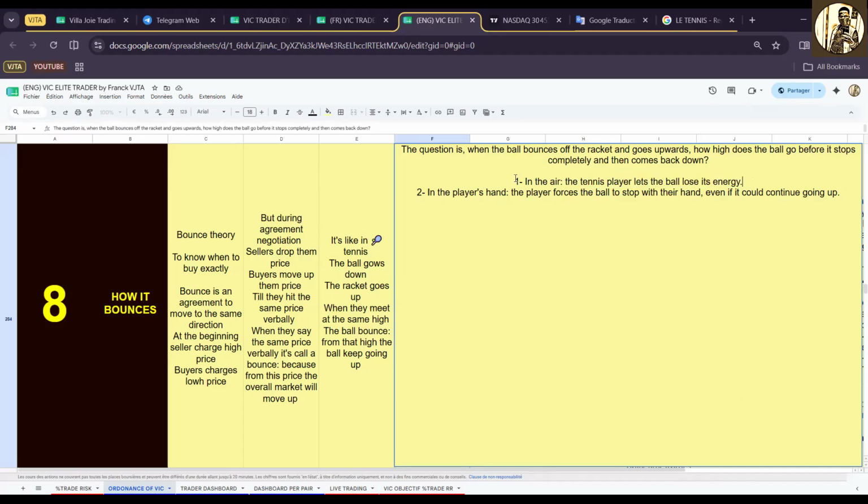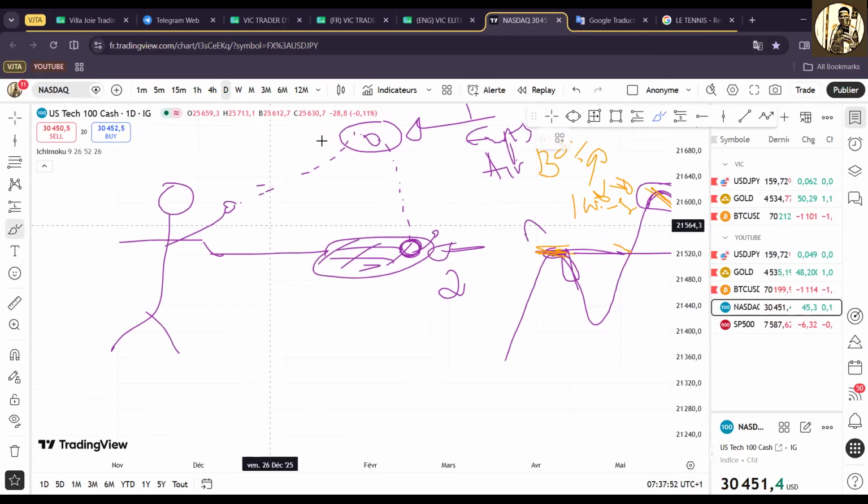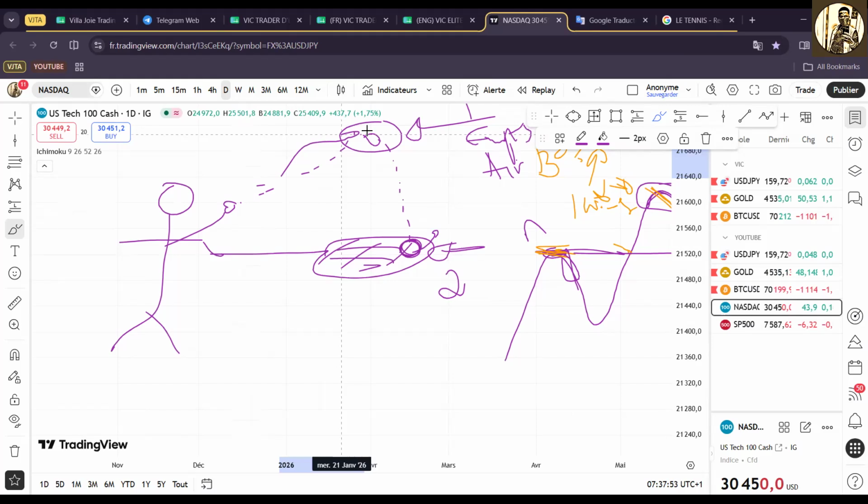When the ball loses its energy, then it is the highest point. Then the second place is on the player's hand. The player forces the ball to stop in the air, even if it could continue up. I meant there, right? The tennis player can jump and hold this ball with his own hand to make it stop going up.